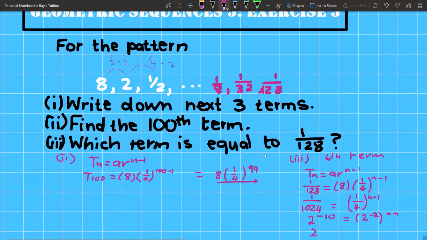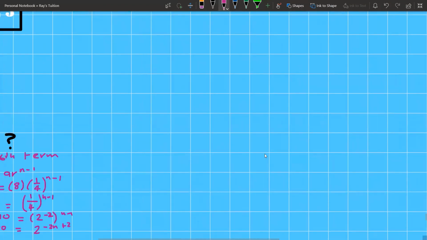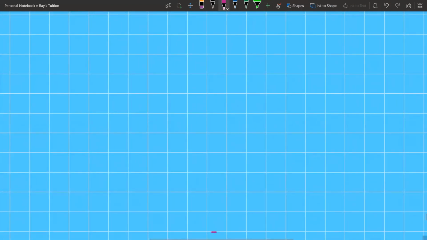If we distribute that, it's 2 to the power of minus 10 is equal to 2 to the power of minus 2n plus 2. The bases are the same, so we can drop them. So we get minus 10 is equal to minus 2n plus 2. Take over the 2, so we get minus 12 is minus 2n. And finally, dividing both sides by 2, we get n is equal to 6.